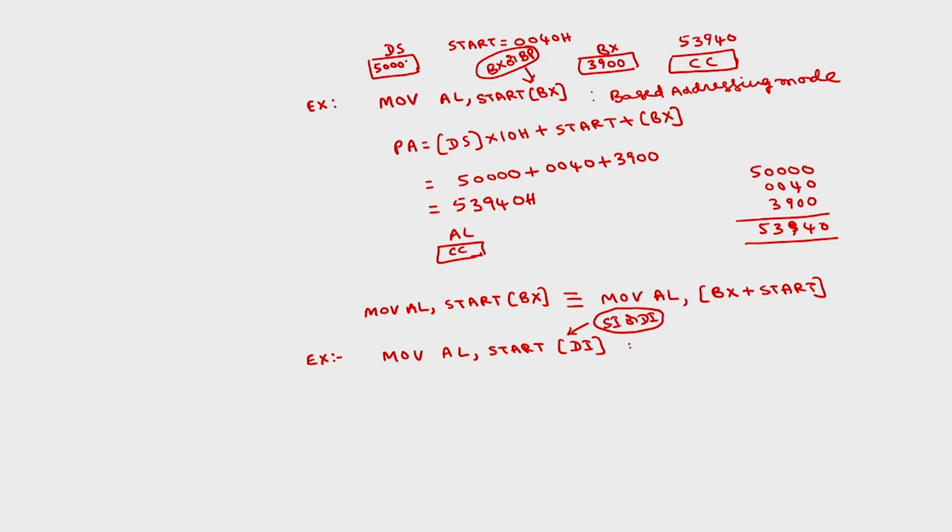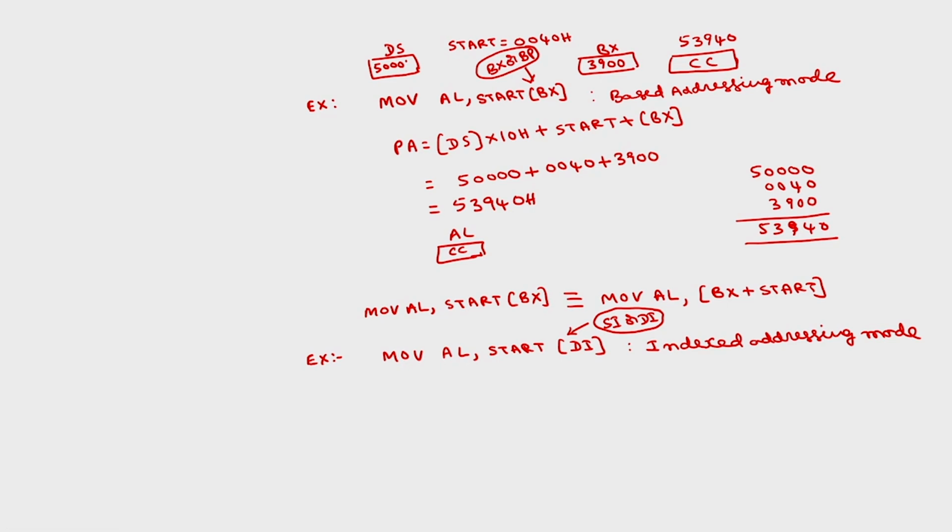This type of addressing mode is called indexed addressing mode. And also, the physical address will be computed in a similar manner. I am not going to give the example, same thing.